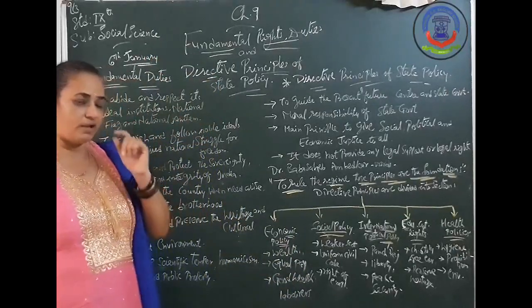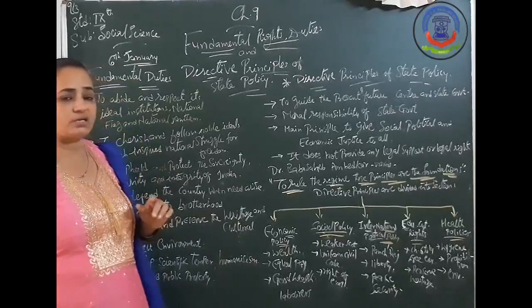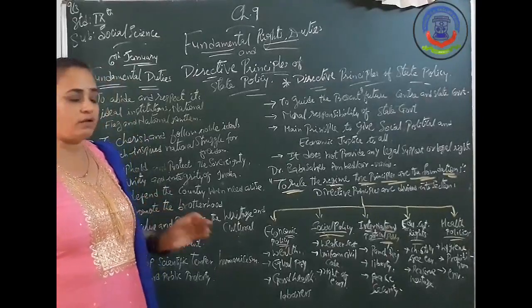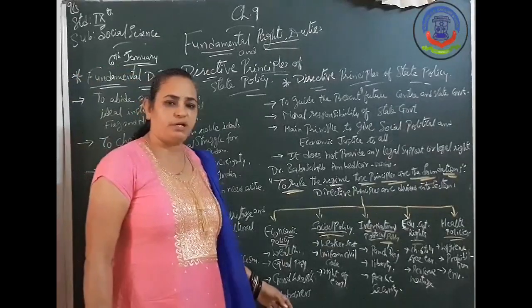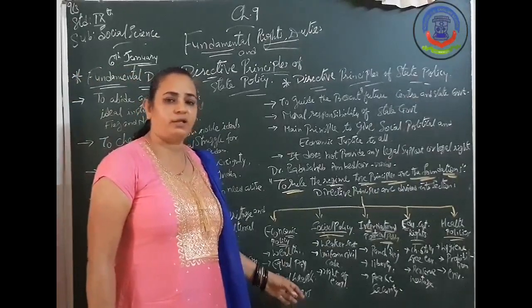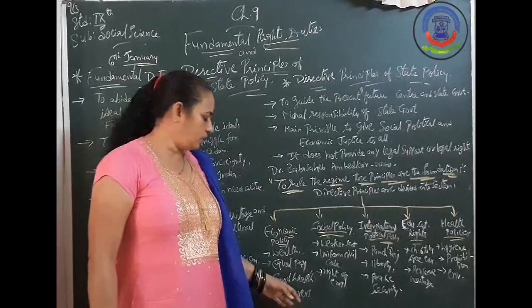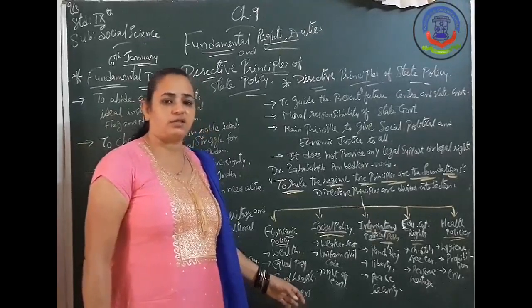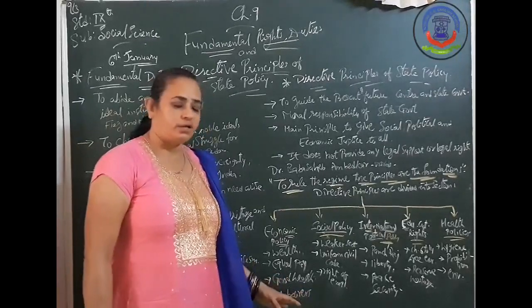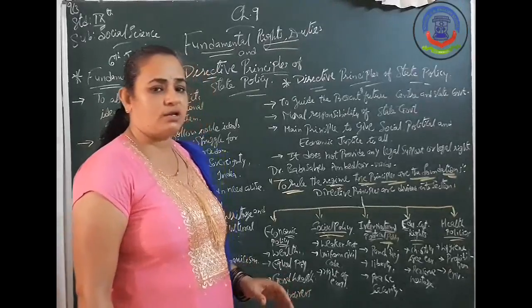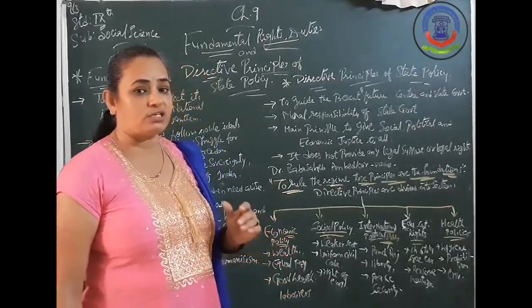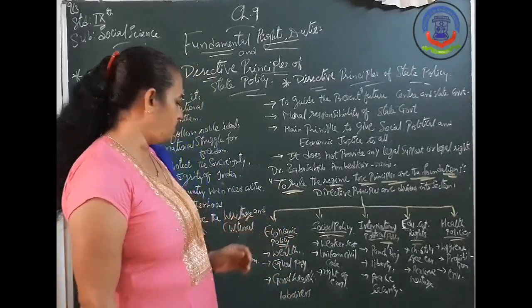For example, when an industrialist is getting work from many laborers, it is his responsibility to maintain the hygiene of the workers, to see that they get their work done easily and their health is maintained, so that chemicals do not spoil their skin. All these things should be maintained.